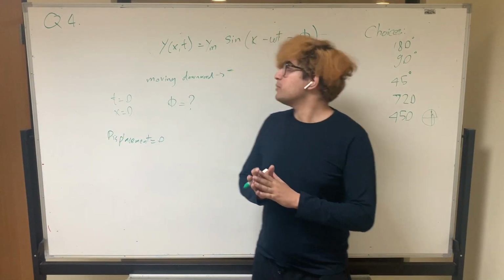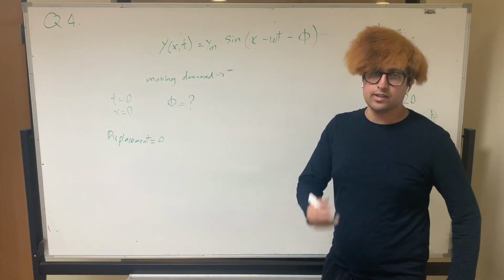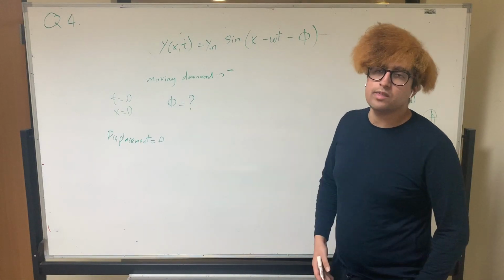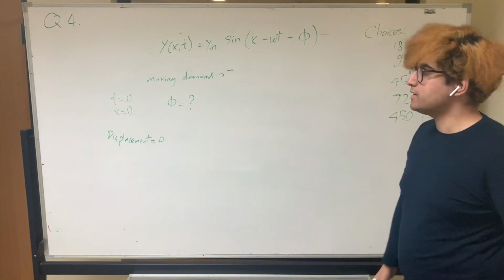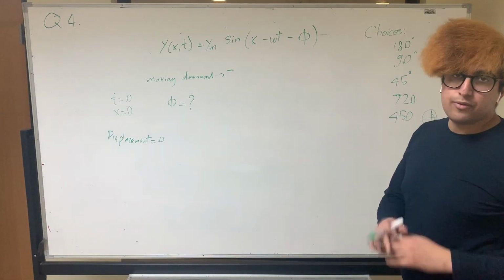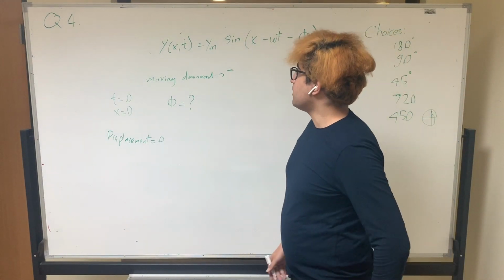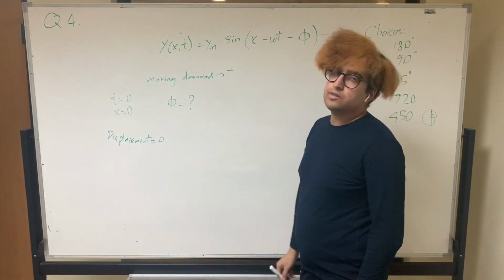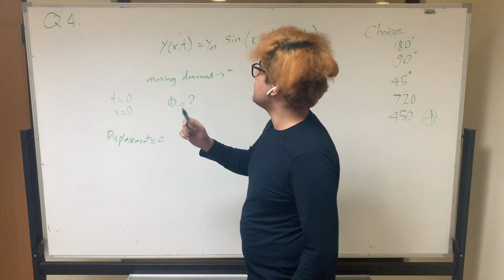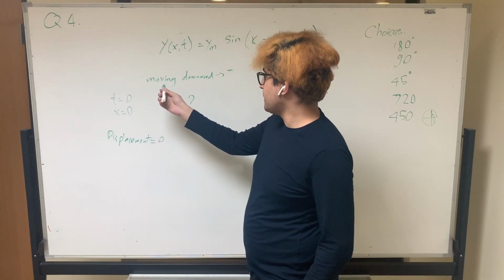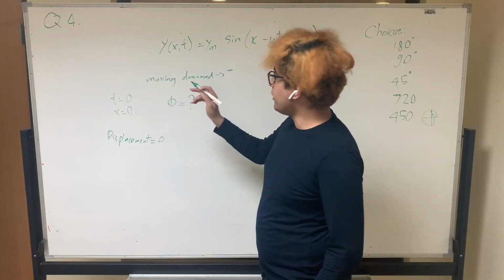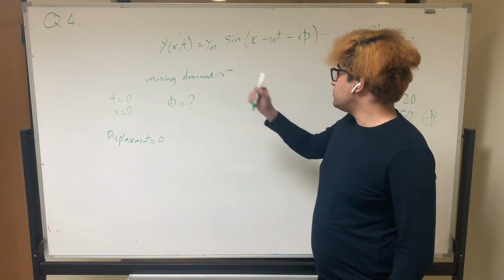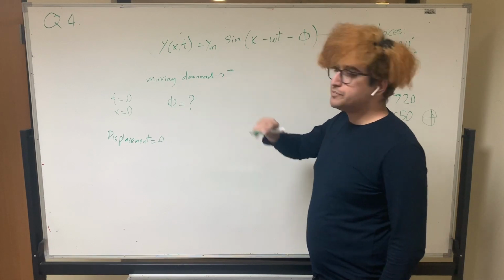Alright, so problem number 4 is a relatively hard problem, and it involves a couple of tricks that you need to know before solving it. So first thing first, as we always say, is to list your givens. If you read the statement of the problem, you'll see that it's given that the particle at the point we're interested in is moving downward, which means it has a negative velocity.